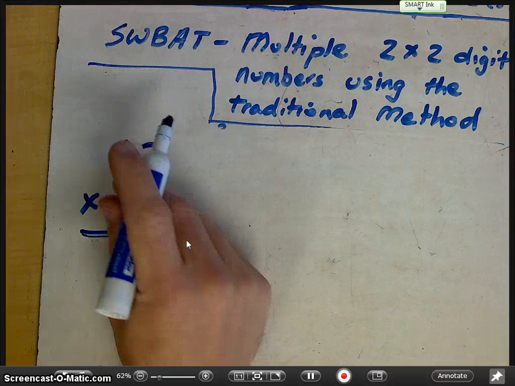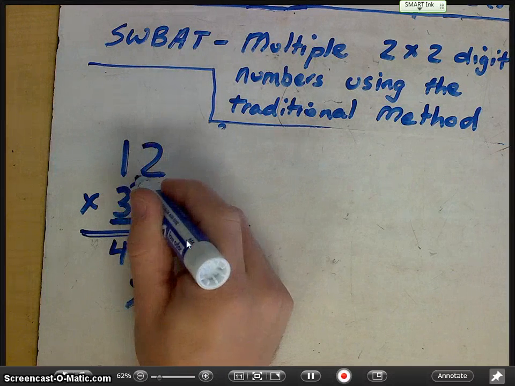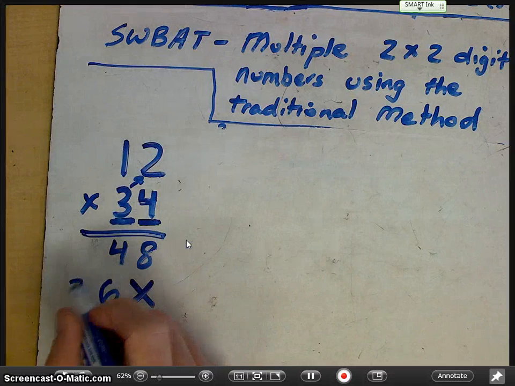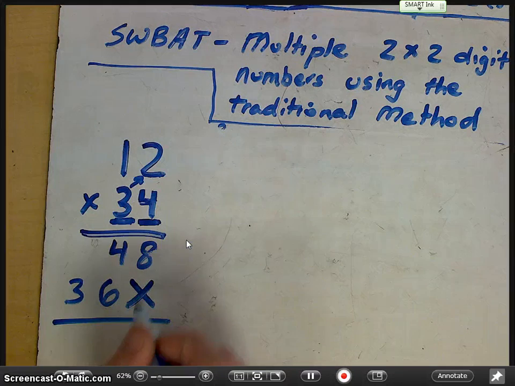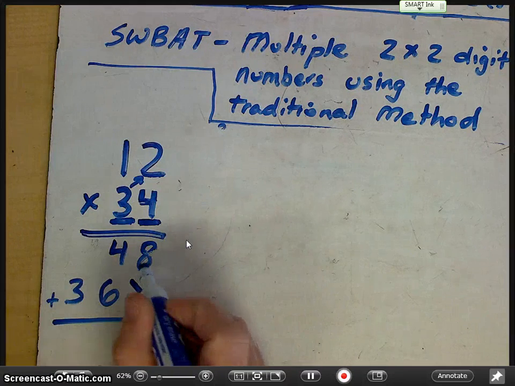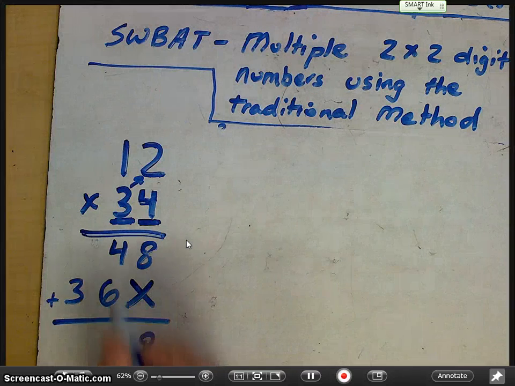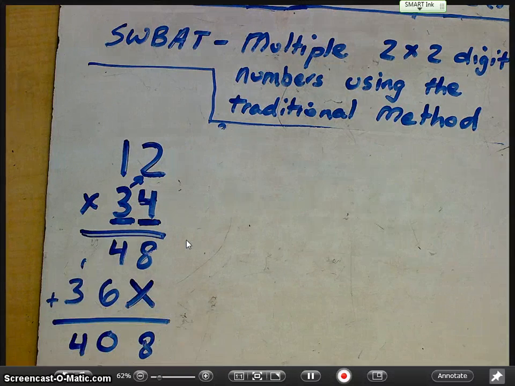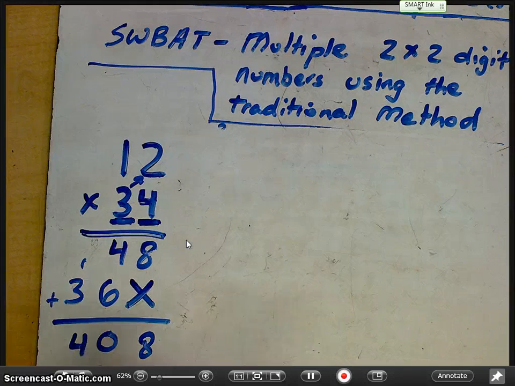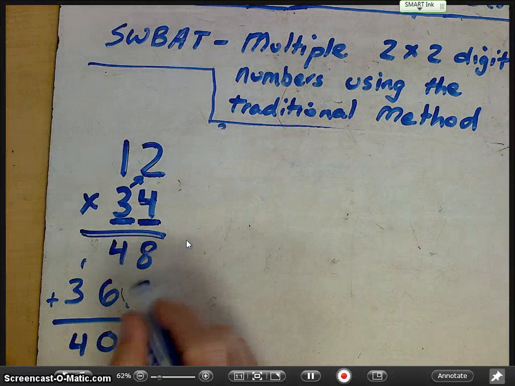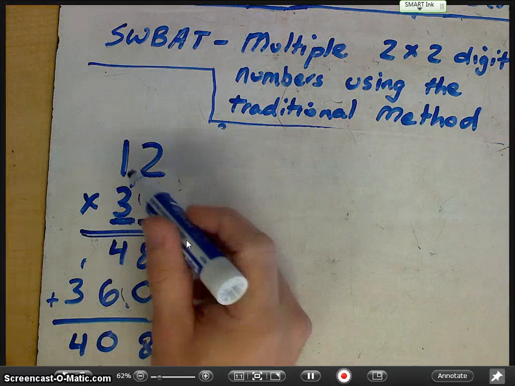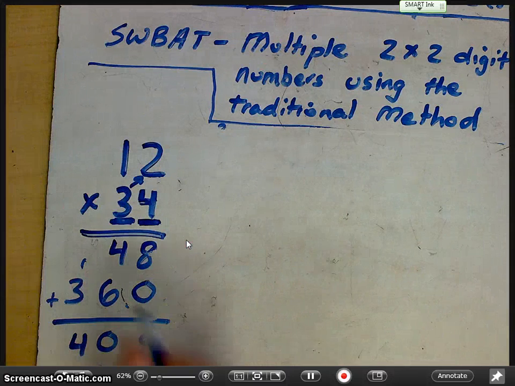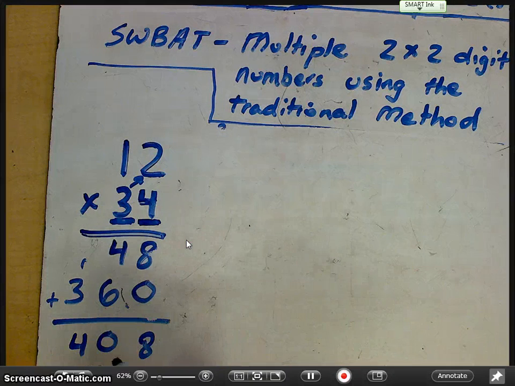And now we do the same thing. So we do 3 times 2, which is 6, and then 3 times 1, which is 3, and now I add them up. 8, 10, so I carry the 1, would be 408. Now if I had a 0 there, let's go back to putting a 0 there, because 12 times 30 would give you 360. That's why we skip and we keep that 0 there.